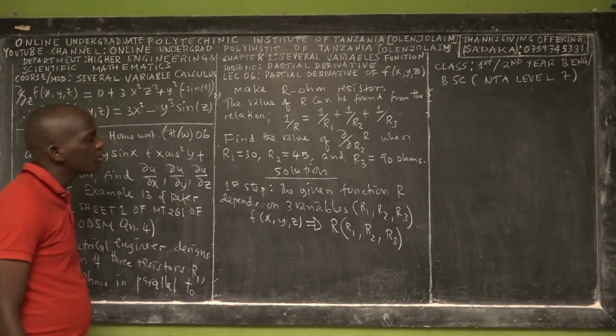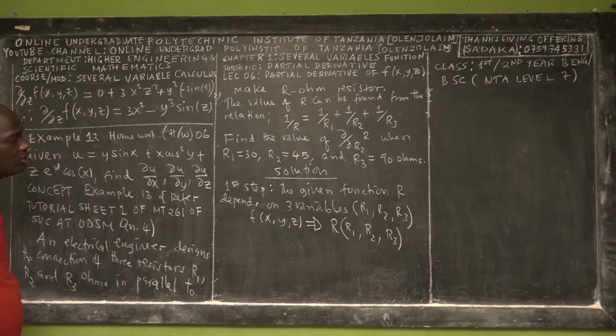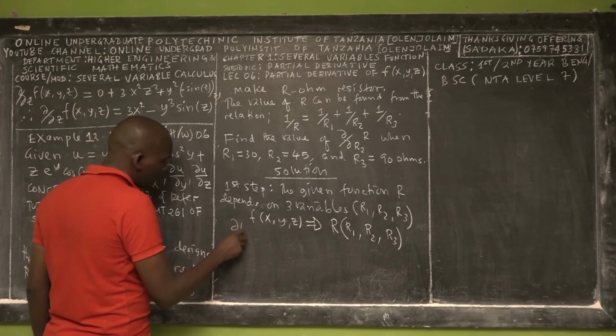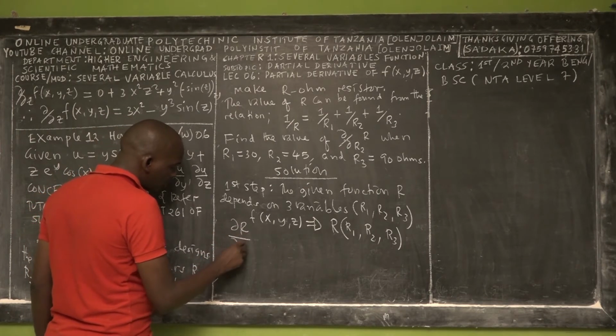Again, you have to check what you've been asked to find. You have to find the first partial derivative, so it means the partial derivative of R with respect to R2.